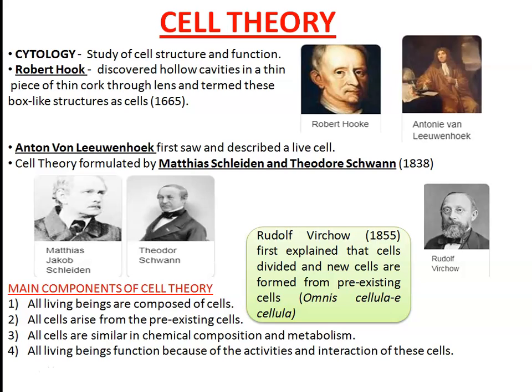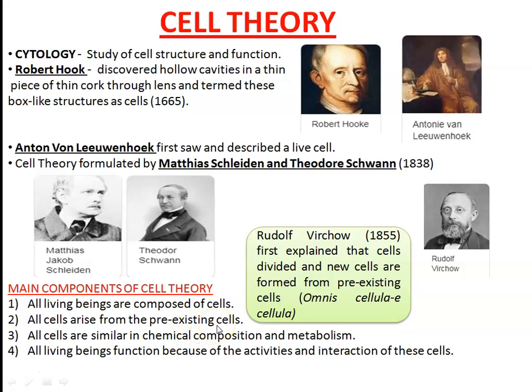In the end, if the examination asks what the main components of cell theory are, you need to write these four points and learn them. Number one, all living beings, every living organism, is made up of cells. These cells are formed from the pre-existing cells.